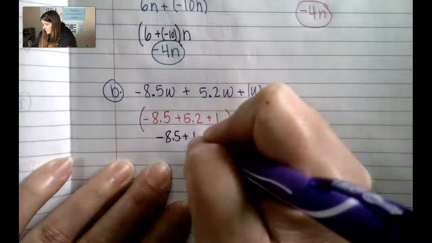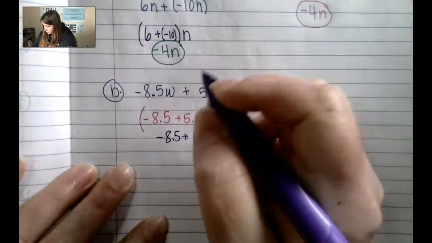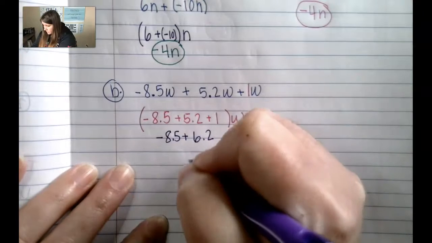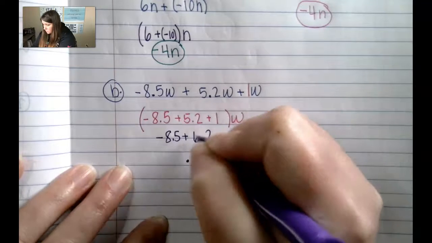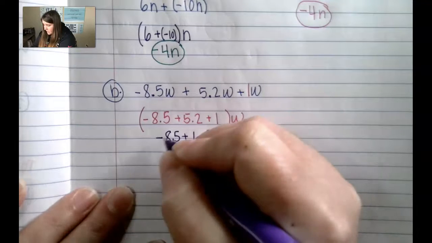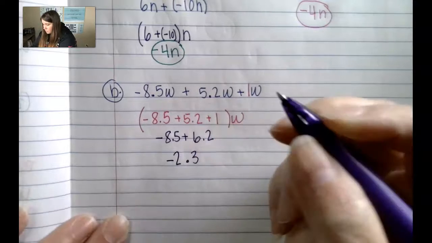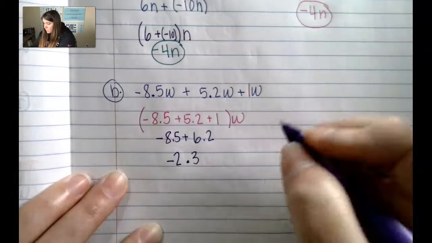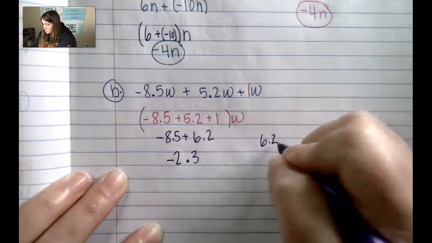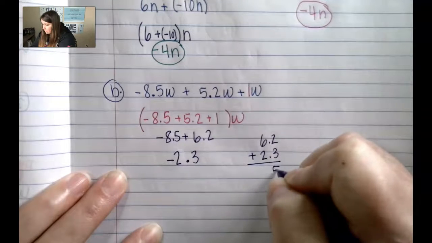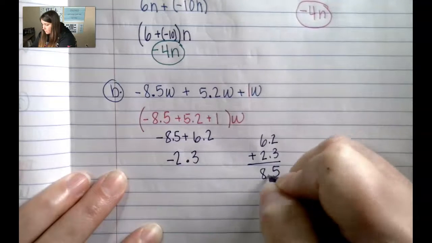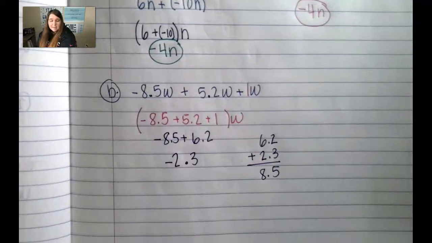I get negative 2.3. I can check my work by doing 6.2 plus 2.3. I get 8.5, and it's negative.